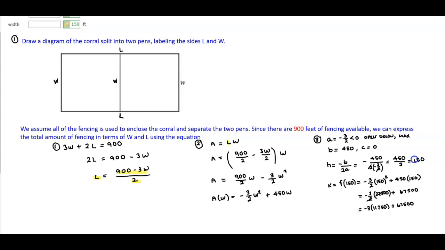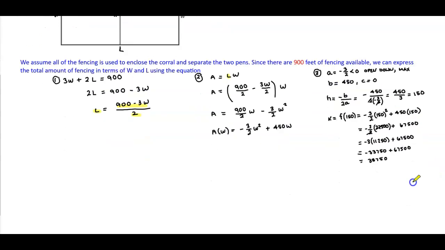If we multiply that by negative 3, that gives us negative 33,750 plus 67,500, and what that gives us is 33,750.